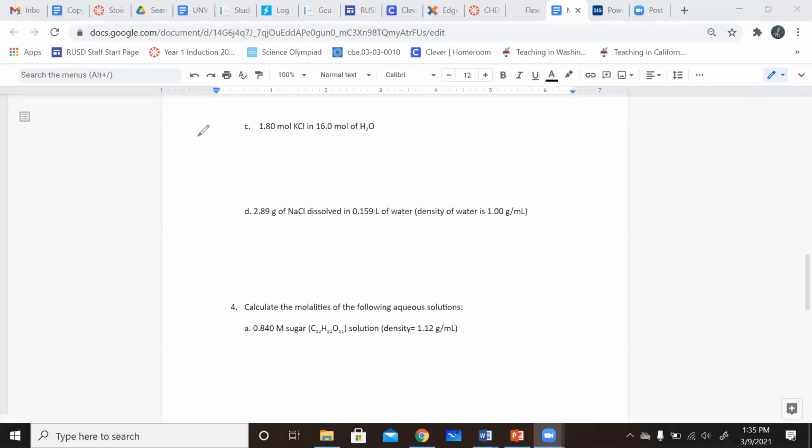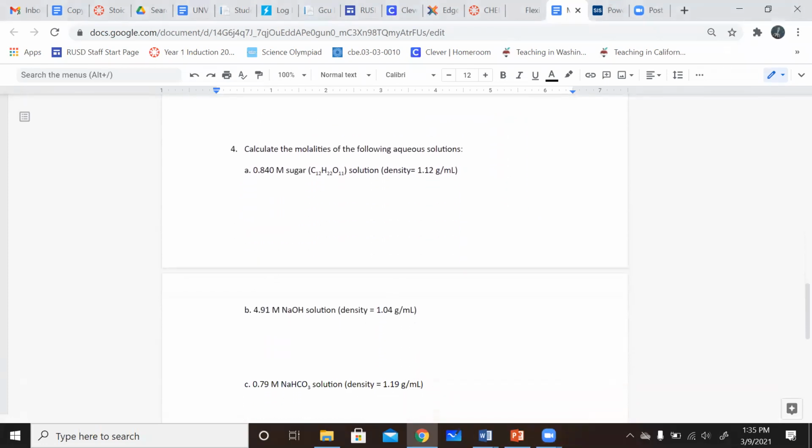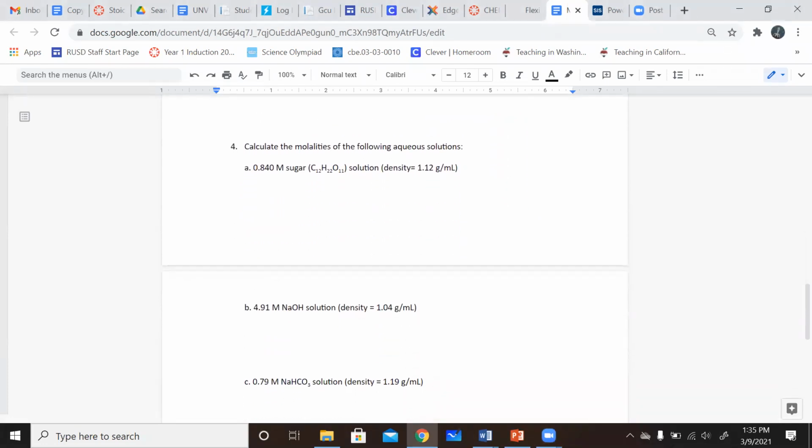However, number 4 has some difficulty to it. So for this, we're given some information. We're given a molarity of sugar, and we are also given a solution density.